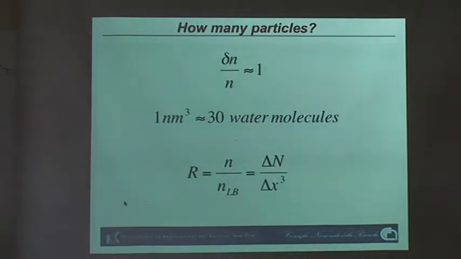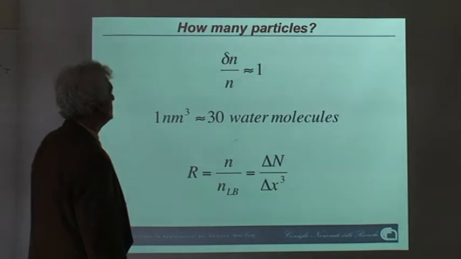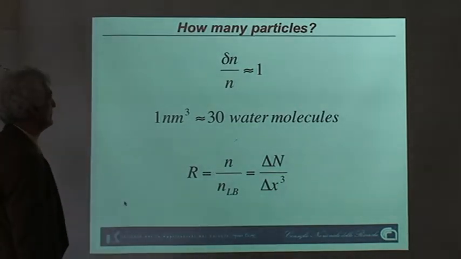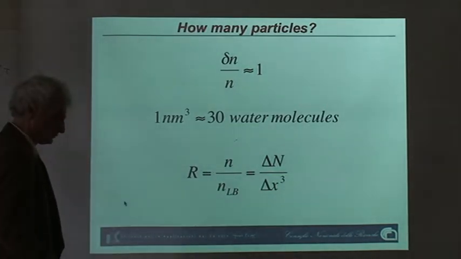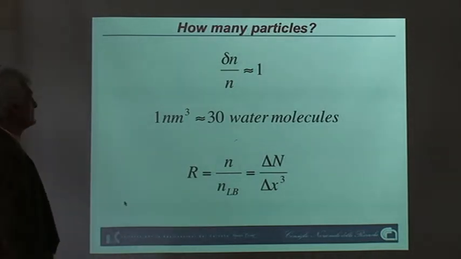And the final thing I want to mention, since we're running out of time, is the fluctuating Lattice Boltzmann, which is to say what you have to do when you start to really go into the realm of molecular dynamics, but you want to do molecular dynamics kind of calculation on much longer time scales.